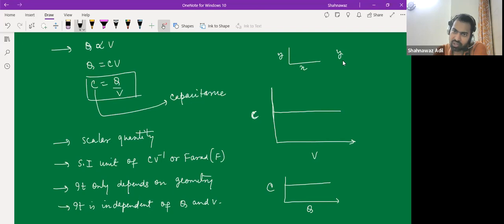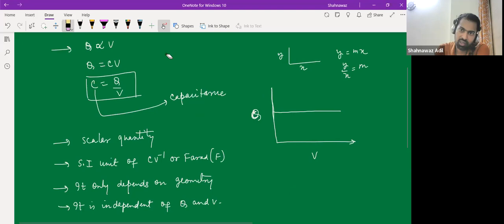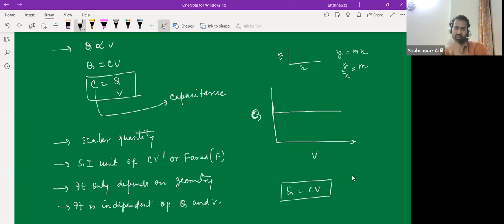So Q is CV, which means Y by X is m, so Q by V is constant, and we can make this graph of Q and V.